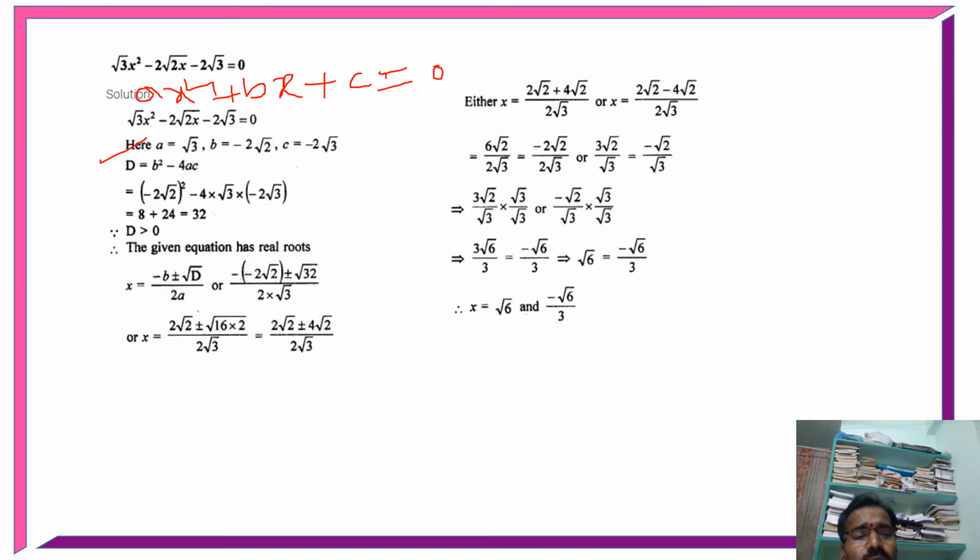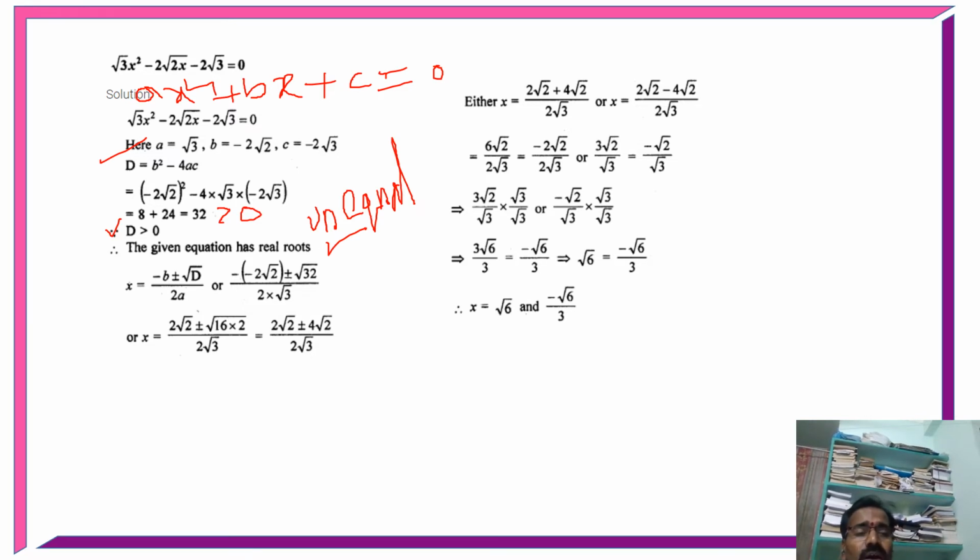So we get 32, a positive number, which is greater than 0. Roots are real and unequal. The quadratic formula is applicable when roots are either equal or unequal. That is why we should find the discriminant. Discriminant means b² − 4ac.